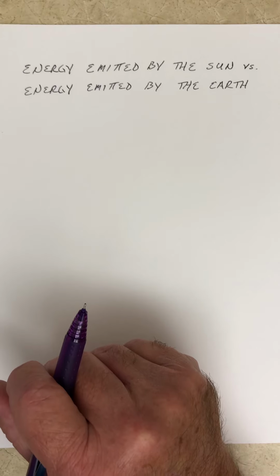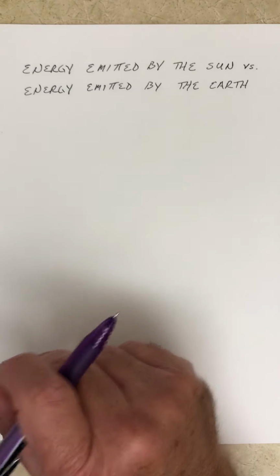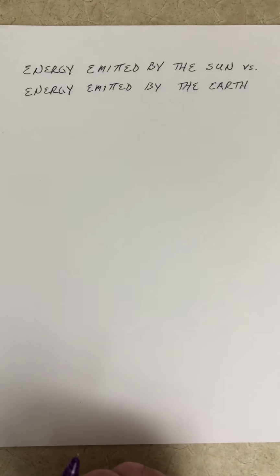Law number 4, Stefan Boltzmann's law, allows us to calculate the total energy emitted by an object. Basically what Stefan Boltzmann's law says is that the hotter the object is, the more energy it emits.